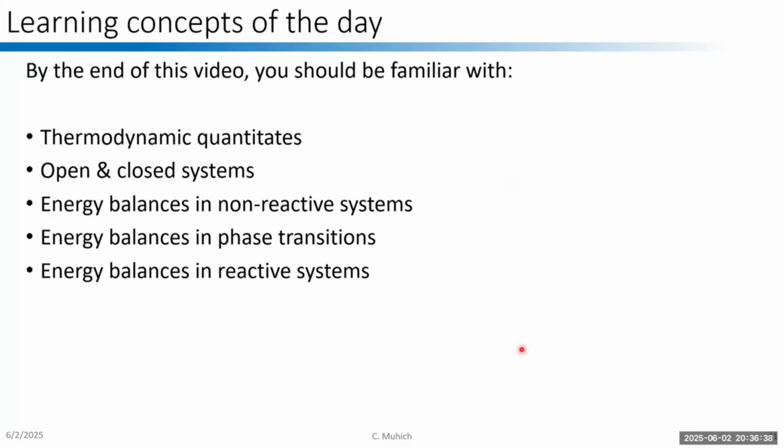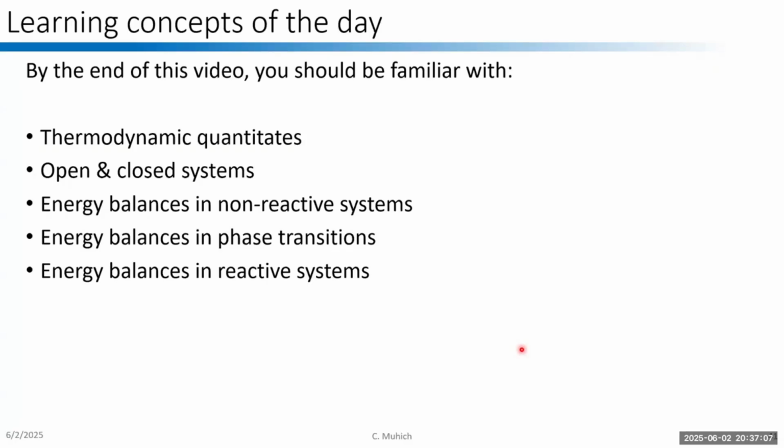All right, so hopefully now you feel comfortable with integrating thermodynamic quantities into mass and energy balances. You know the difference between a closed and open system. We showed you examples, and you should feel comfortable with energy balances on systems that are not reacting, on systems with phase transformations, and on reactive systems.